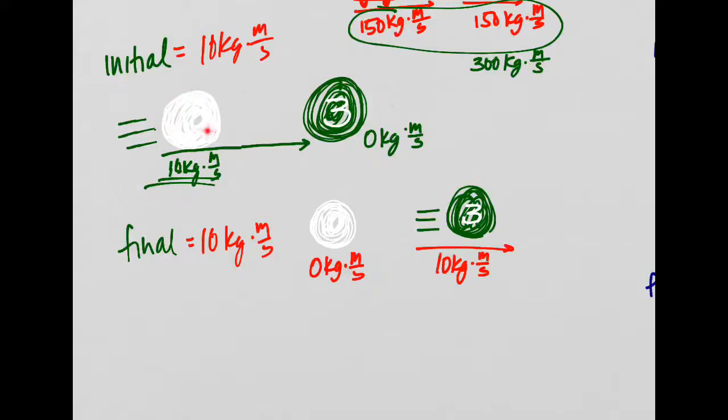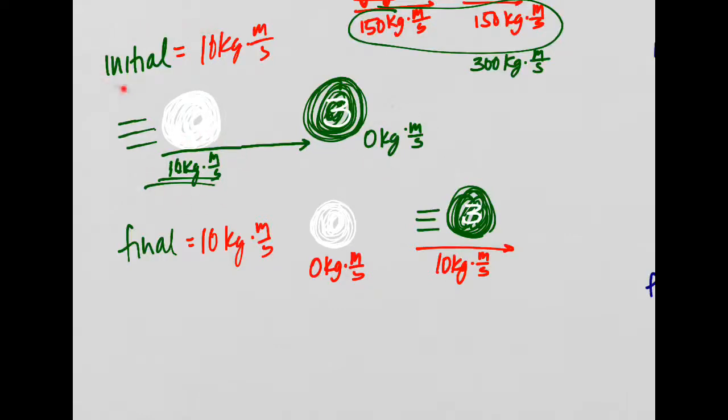If I have this ball and it's traveling with a momentum of 10 kilograms times meter per second, and it strikes this ball, which is at rest, the initial total momentum in this initial situation, this has 0 momentum, this has 10 kilogram meter per second momentum.